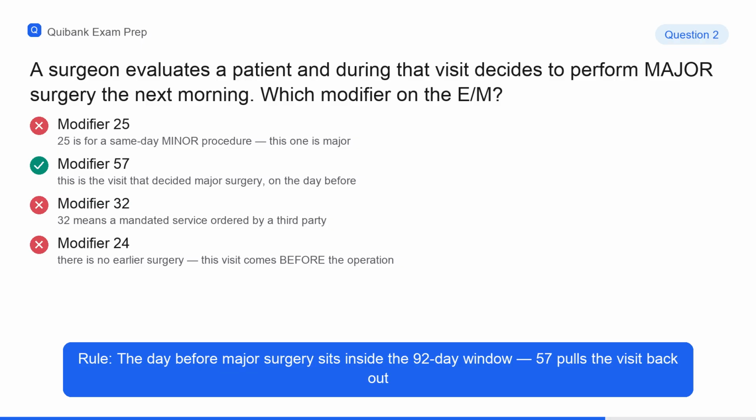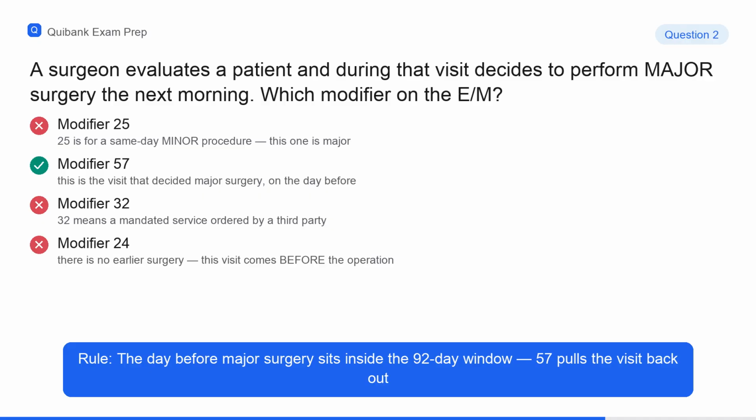The procedure is major, not minor. Modifier 32 means a mandated service, ordered by a third party, which is not what happened here. Modifier 24 is wrong because there is no earlier surgery in progress. This visit is before the operation, not after one. The day before a major surgery is inside that 92-day window, which is precisely why the visit needs 57 to be paid.